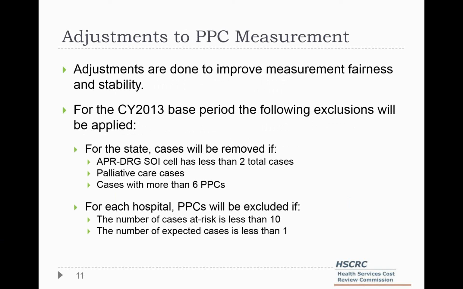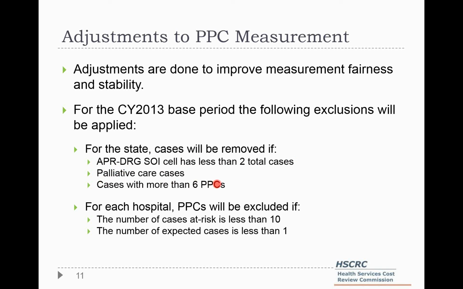This slide goes over the adjustments or exclusions that are applied to the base period data so that we can improve measurement fairness and stability. For calendar year 2013, for the state as a whole, we remove any cases where the APR DRG cell has less than 2 total cases.